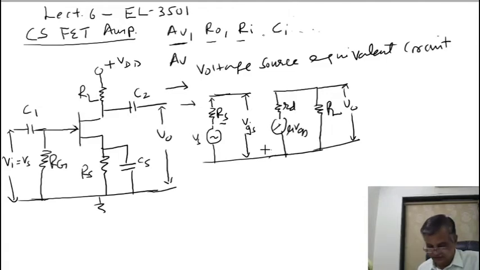This is the voltage provided by this device. From this, we have derived the equation minus gm RL.